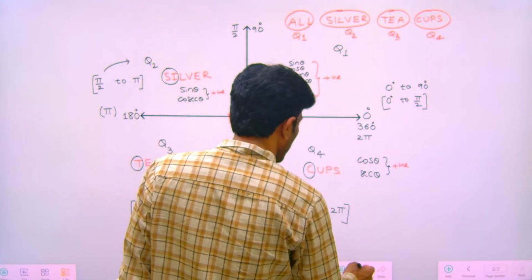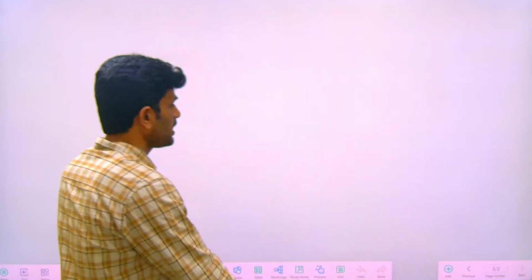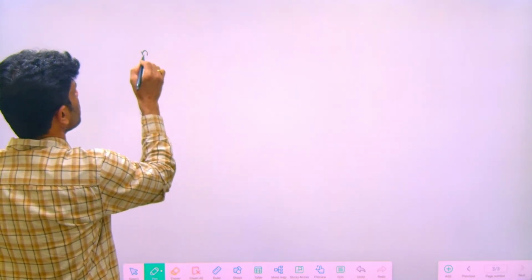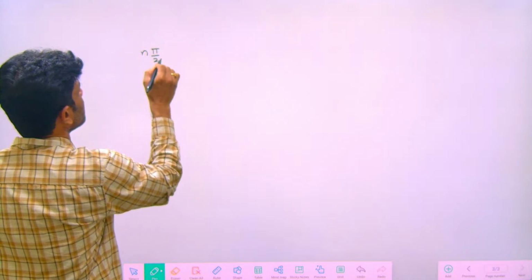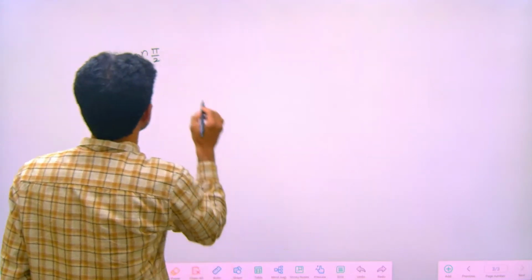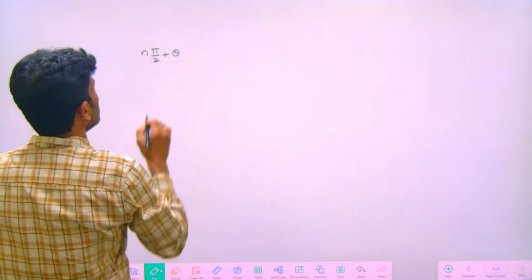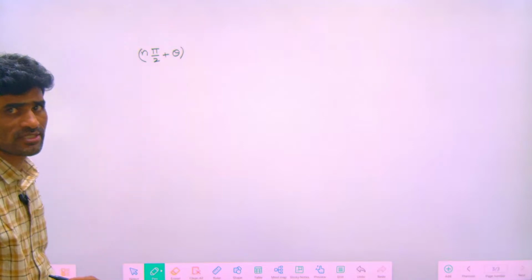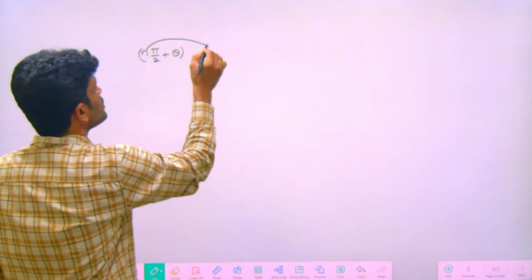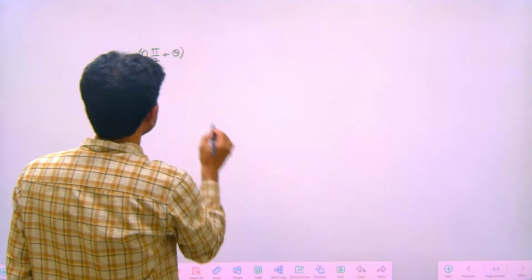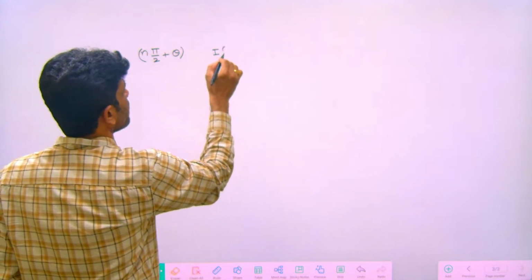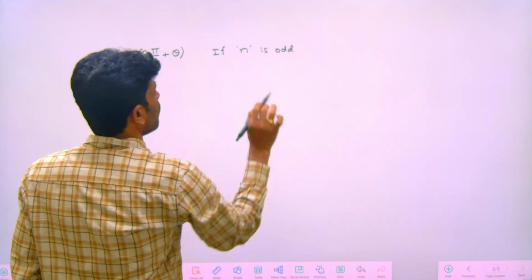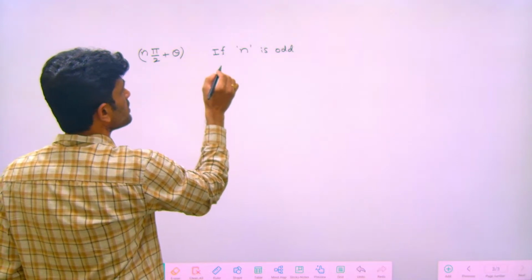After these two, you have to remember one more, that is this concept: n pi by 2 plus theta. Whenever angle is there in this format, n pi by 2 plus theta, if n is odd in this representation, what happens?